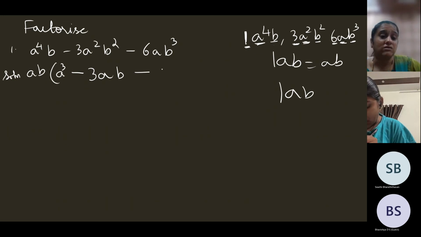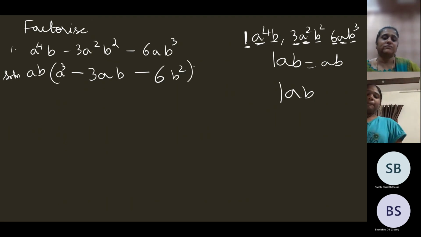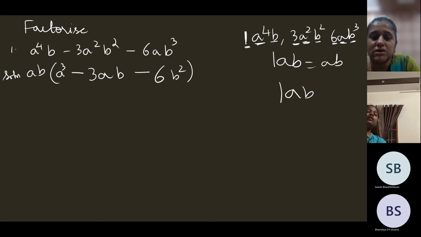Minus, you write 6. There is a already outside, so you don't write a. There's b outside, so b into b square is b cubed. That's all. You cannot factorize this any further.